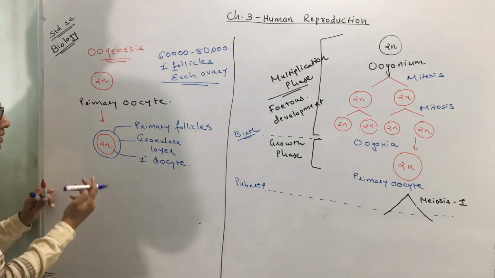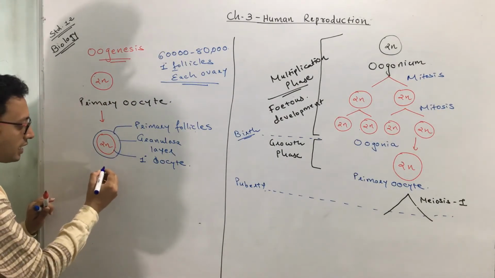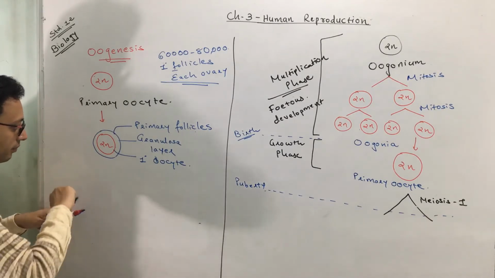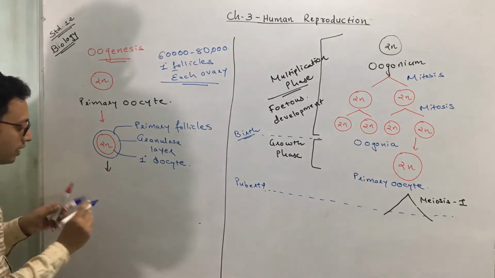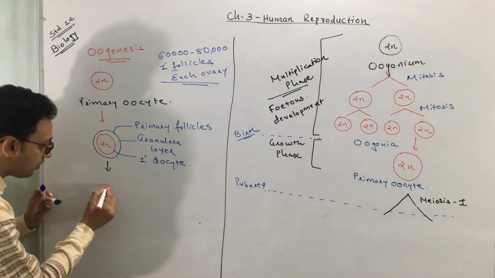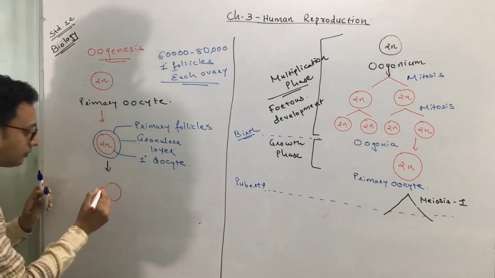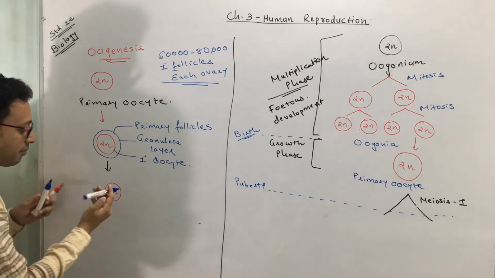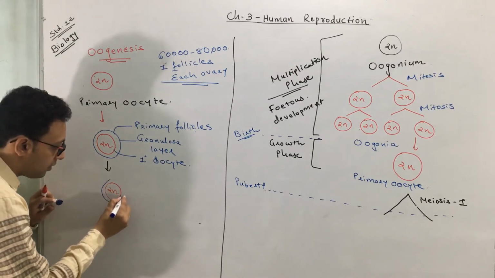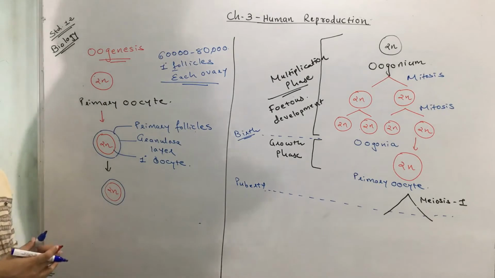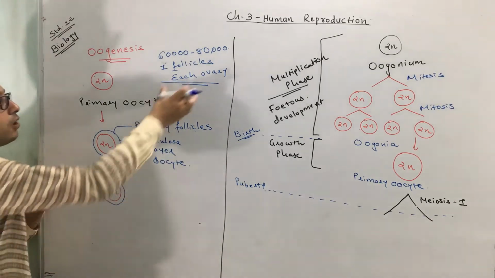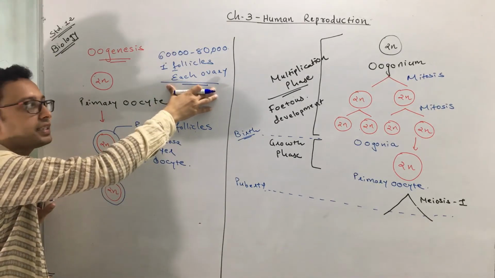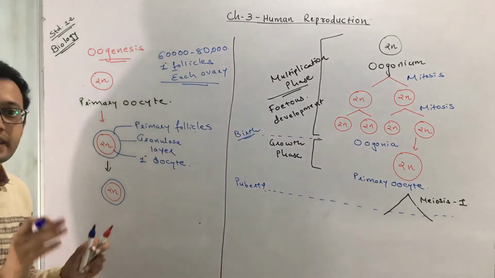Now what happens next to this layer that has developed? This is the primary oocyte, surrounded by a layer we call the primary follicle. Only 60,000 to 80,000 primary follicles are left in each ovary.